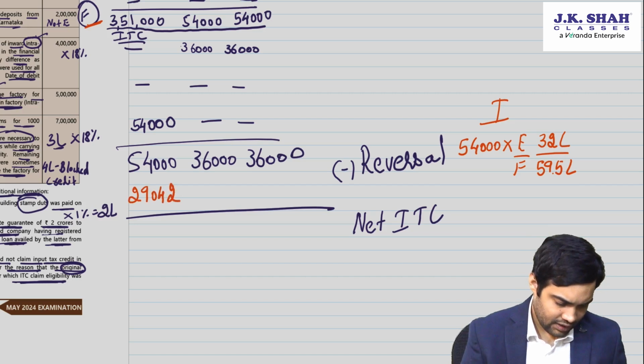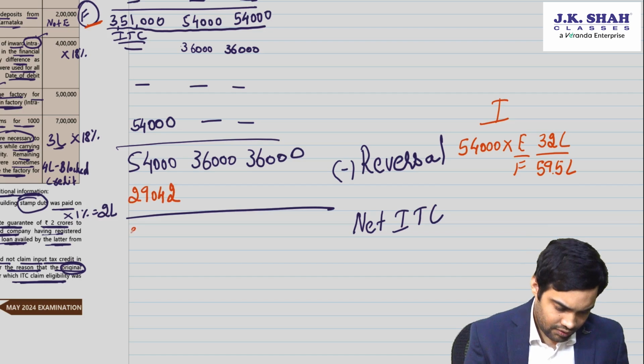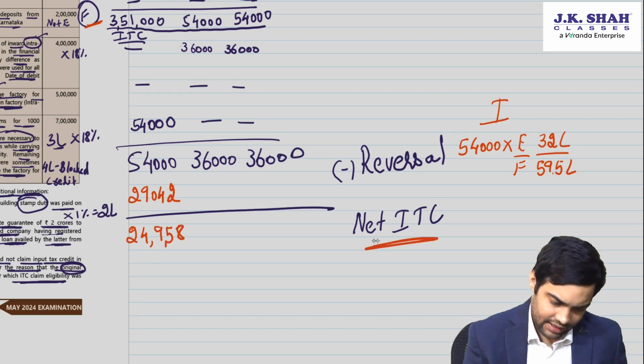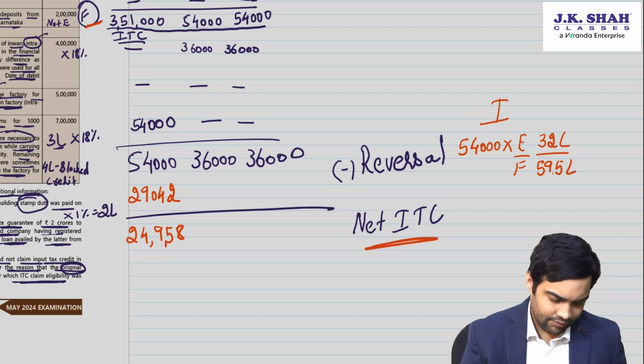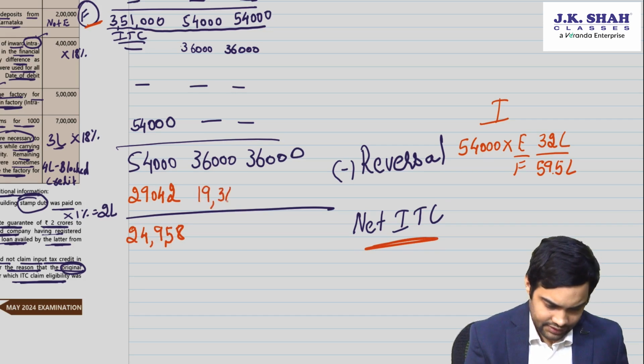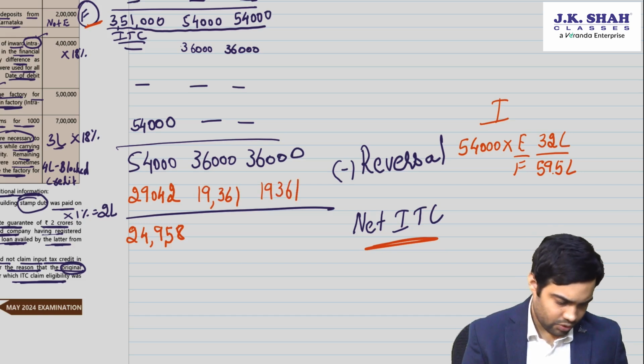Now when we subtract it from 54,000, we get 24,958 as the net ITC. Same way 36,000 into 32 divided by 59.5 is 19,361. The same will come in SGST as well, no need to do the computation.